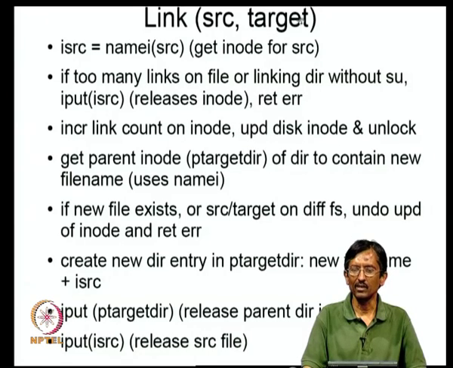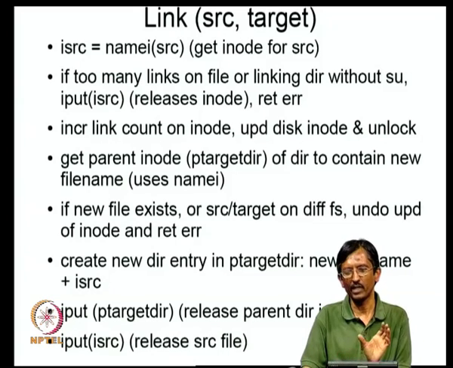You could have specified a directory here, which means I have to get the inode corresponding to the directory, or I could have specified a target file, in which case I have to look at the target file, remove the end part, take the directory part and then look it up. That is what the name is going to do. It is going to figure out what is the directory in which this new target file is going to come in.